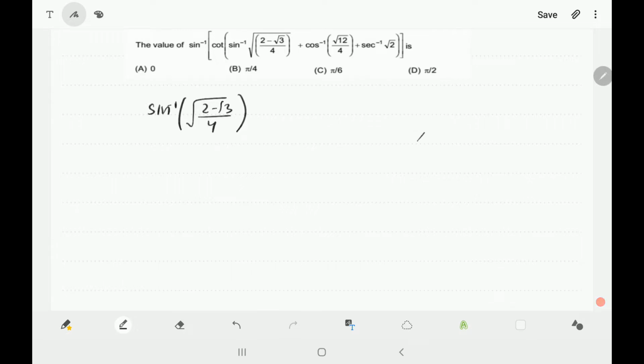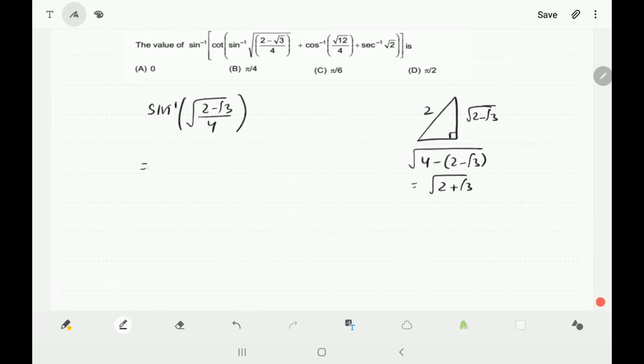So if I consider a triangle with this side as 2 minus root 3 and under root of 4 will be 2, so hypotenuse will be 2. And we can calculate the base as under root of hypotenuse square minus perpendicular square, which will give us 4 minus 2 minus root 3. So this term will be 2 plus root 3.